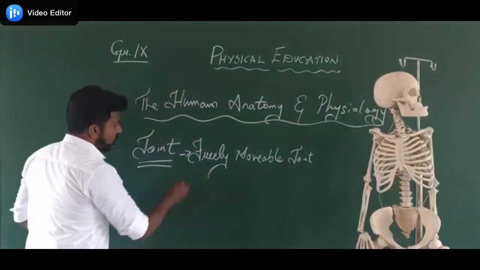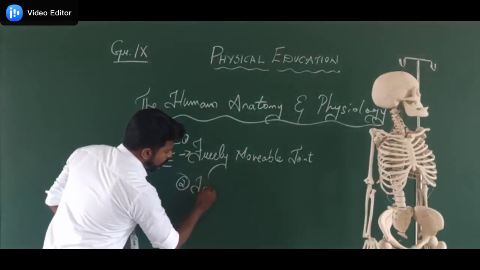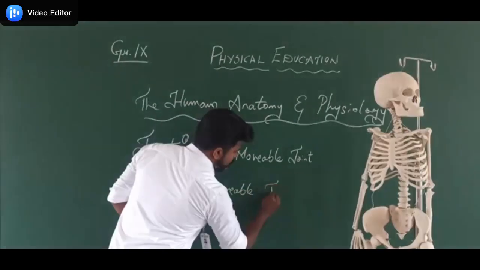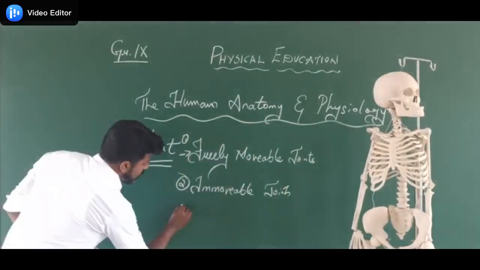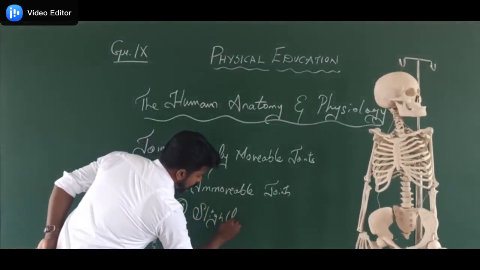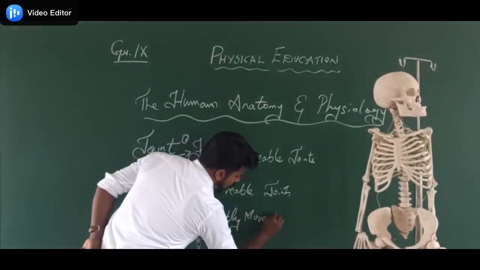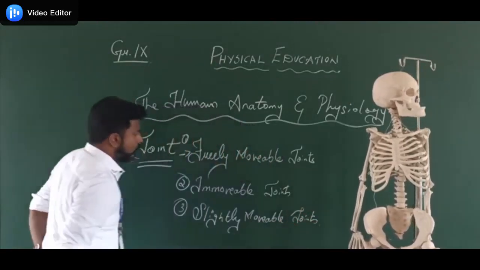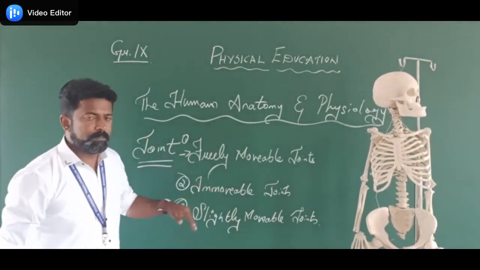The second one is immovable joint or joints. And the third one is slightly movable. So here we will discuss one by one.